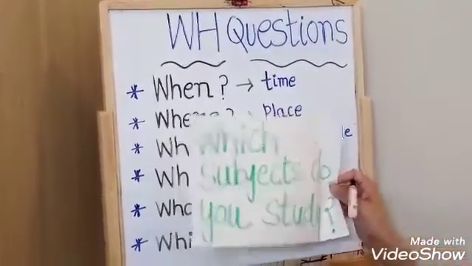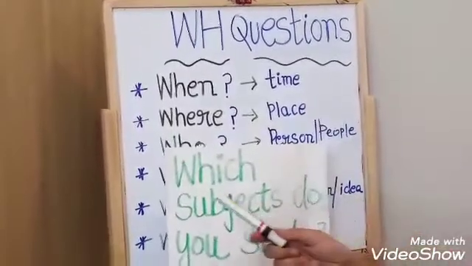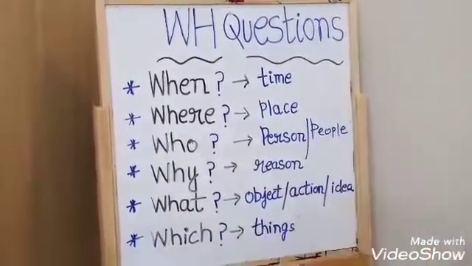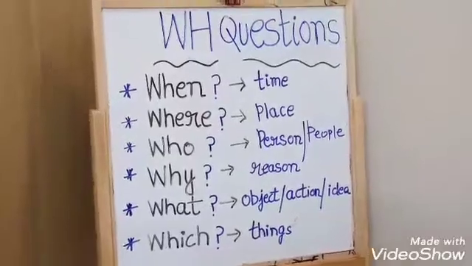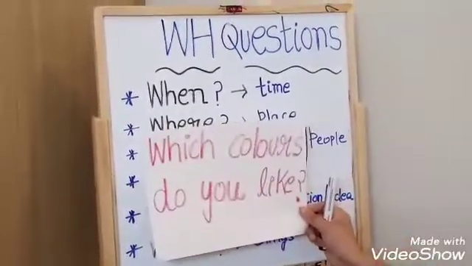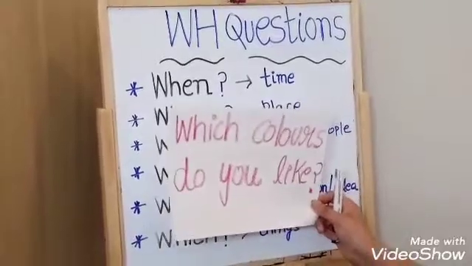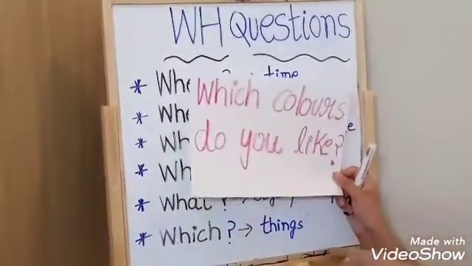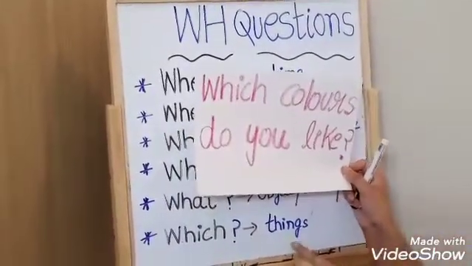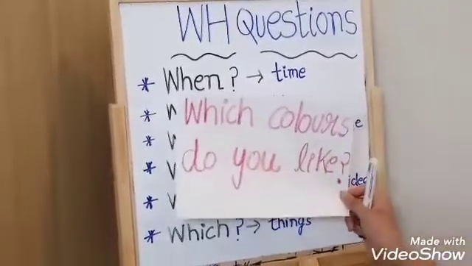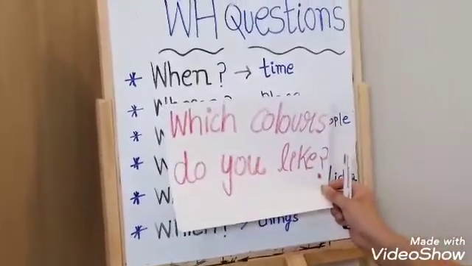So when we want to know about things, we use the question which. Let me take another example. Which colors do you like? Okay, so again here we are asking about things, so we'll use the question which.